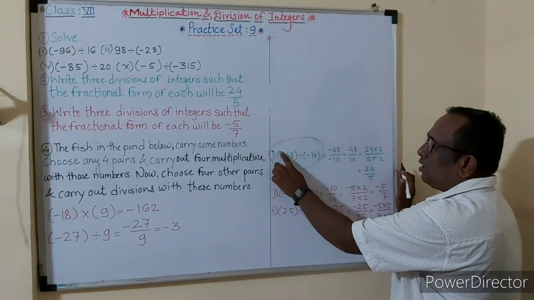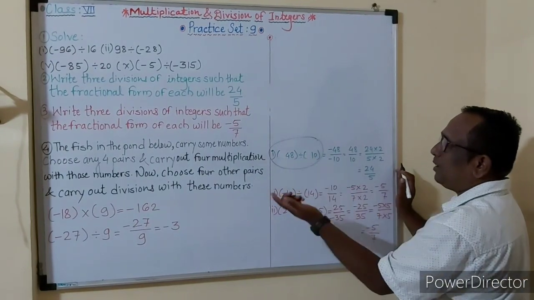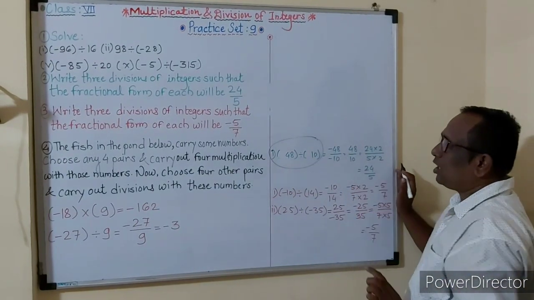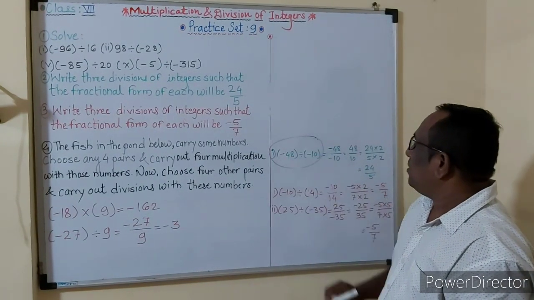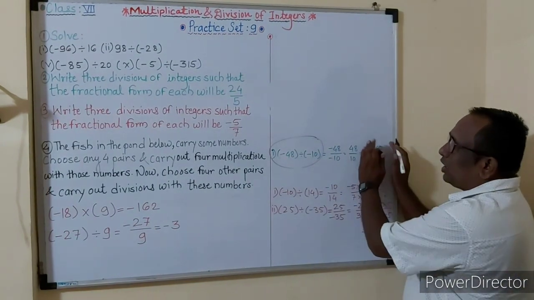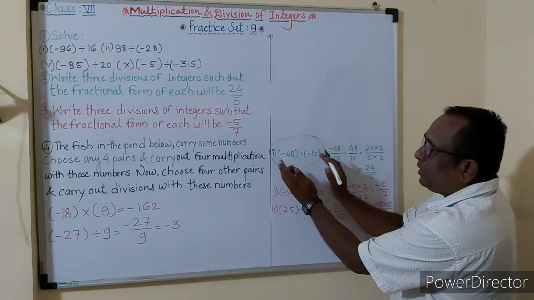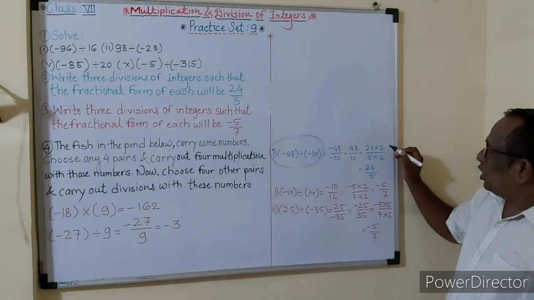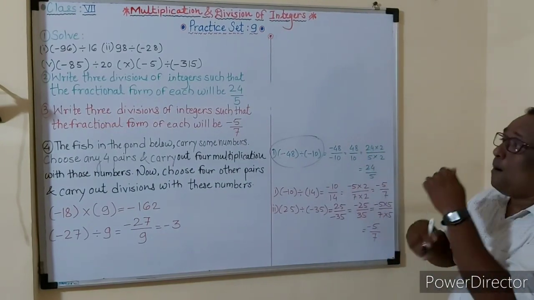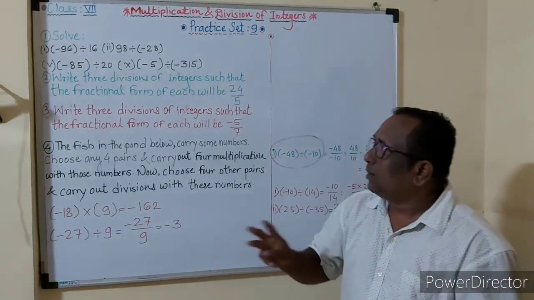You can cut that minus sign. The answer you will get is 48 upon 10. But for your information, I write here the minus sign. So we got the answer in division form, that is minus 48 divided by minus 10. So like this way you have to solve 2 more examples.